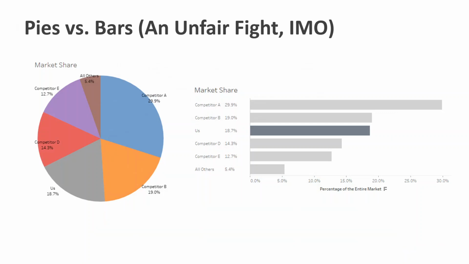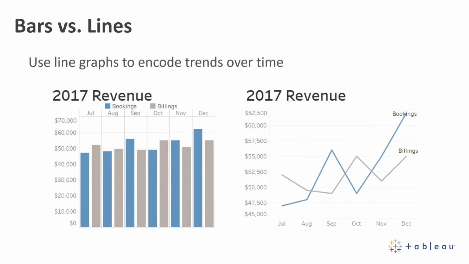With a bar chart, even without the labels, we can see how they rank, especially if the bars are sorted. Bar charts can also help you quickly see that one thing is twice as big as another.